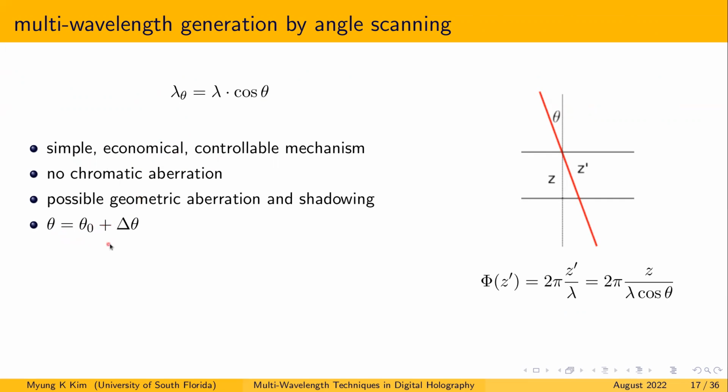Also note that because of the cosine dependence, one starts with a bias angle theta 0 at some tens of degrees, so that the effective wavelength change is not too small.